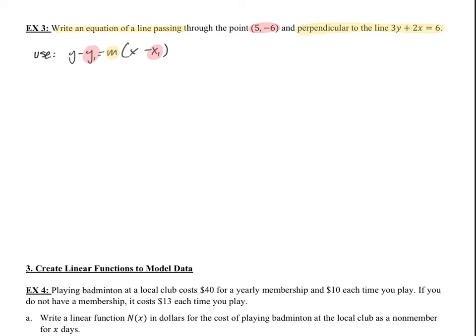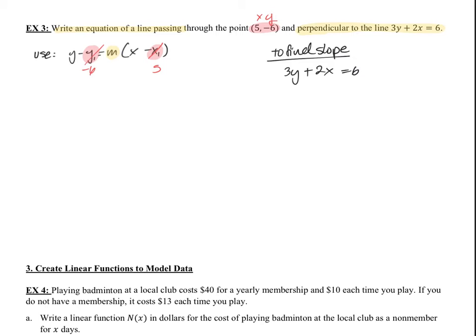We're just going to use this equation and find the slope. But first, I'll go ahead and plug in the point that I do have. So for y, I have -6, and for x, I have 5. Now let's find slope. Okay, so to find slope, I'm going to get this in slope-intercept form.